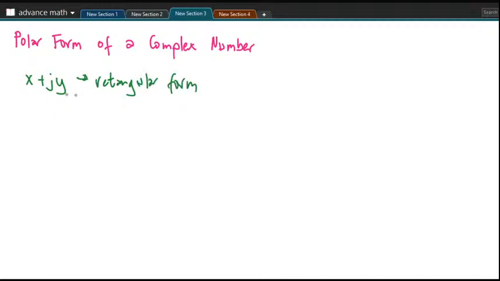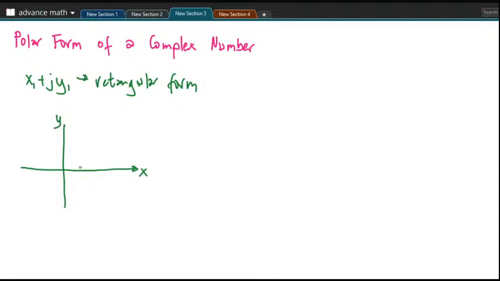Then if we are going to have this in the polar form, the polar form involves the absolute value of our complex number and the argument or the angle. If we plot our x and y in an x and y coordinate system, also known as the Cartesian plane, for example, this is our x, this is our y, and here is x sub 1 and y sub 1.